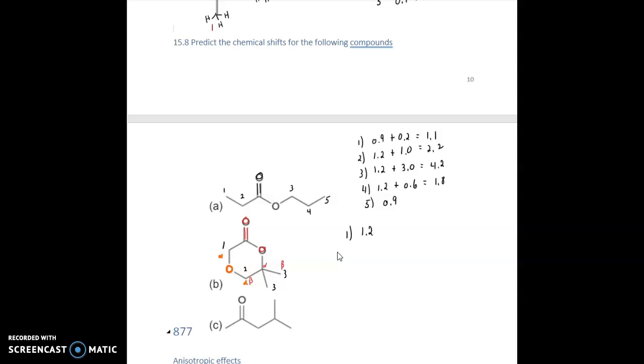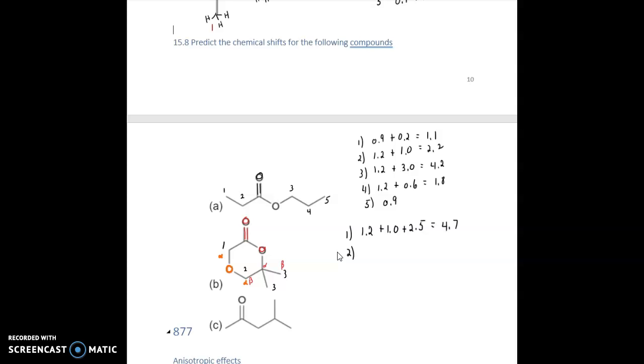They are alpha to an aldehyde that's up here at the very top, so that's plus 1. They are also alpha to the orange ether, and so that's 2.5, and we'll expect to see the peak at 4.7.